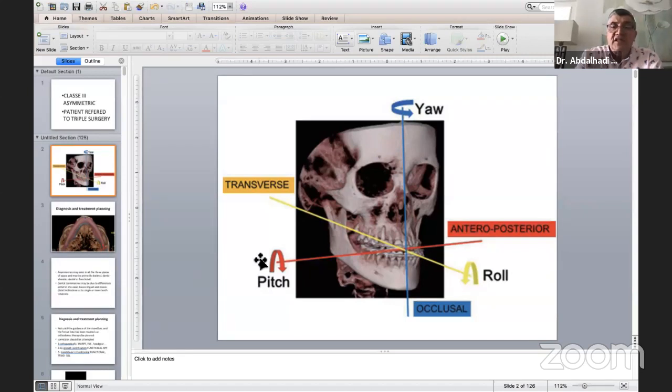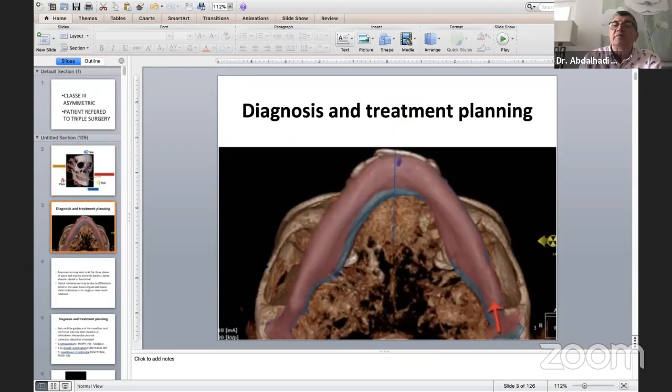So asymmetry, I show you the 3 axes of the space, and you have to look at the base from the chin, lower jaw.